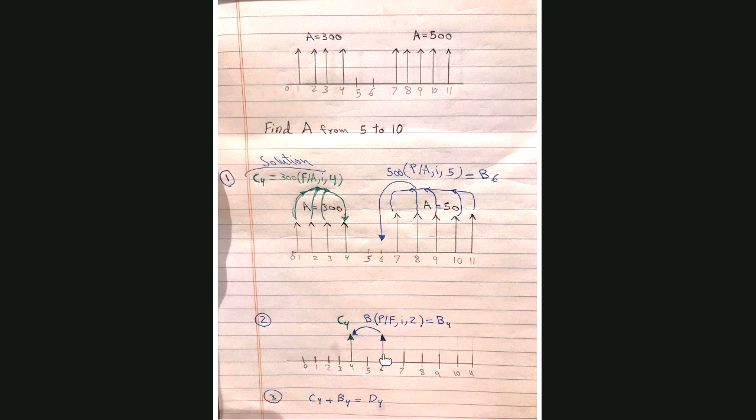In the third step, after we find the present on year 4, then we can add it with the C4. In this case, you can add the values together because they are in the same time unit. So we add C4, which we found here, and we add it with the B4, which is the B6 multiplied with the P given F for I and the number of years 2.